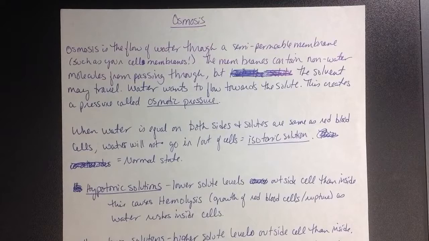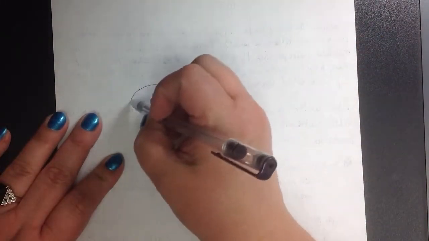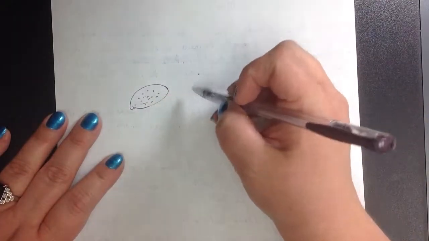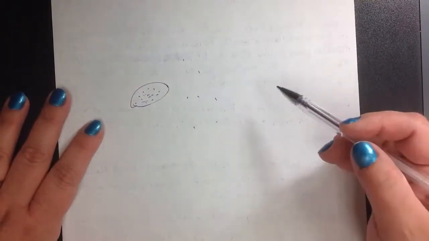Okay? So if you have a bit of something inside your cells, say, let's say we've got all kinds of stuff over here, and we only have a little bit of stuff out here, and water is in both, right?